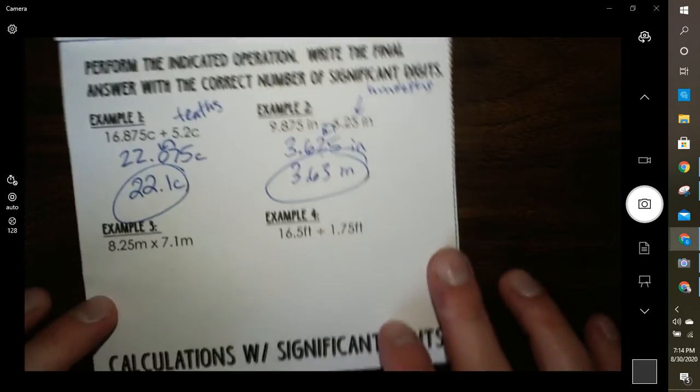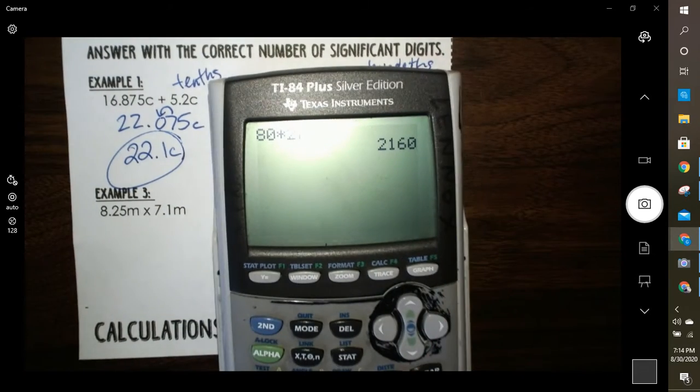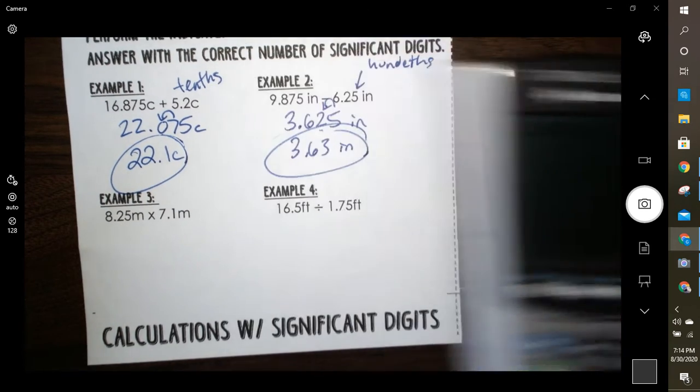Let's go ahead and tackle the examples here using rules 3 and 4. I'm going to speed up the process using the calculator here, and then write down our answer.